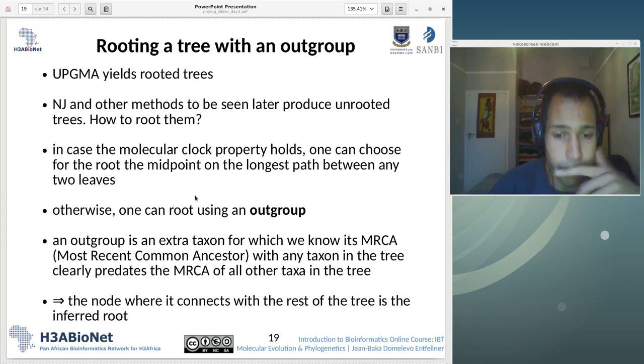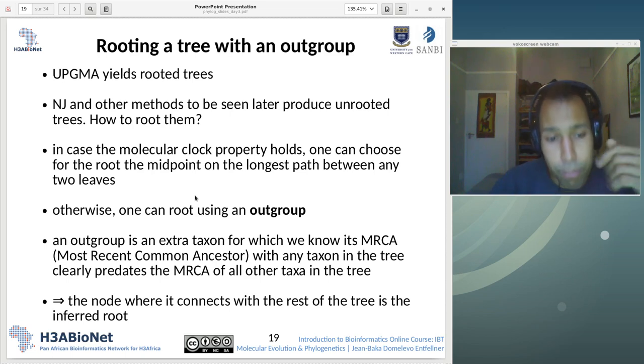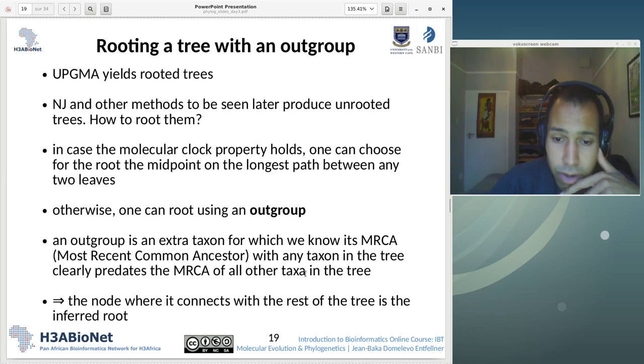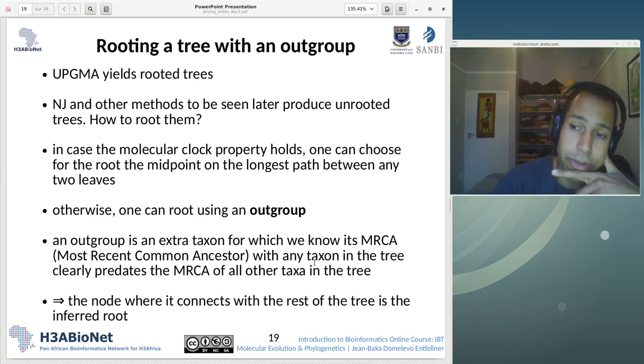Its most recent common ancestor with any taxon in the tree must predate the MRCA of any two taxa in your existing group of taxa under study.